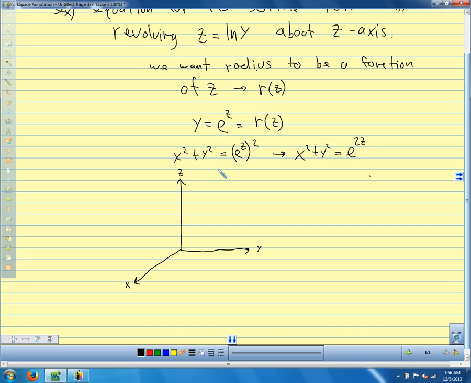What is my graph going to look like? Or we could also grab z equals natural log of y. Let me extend my z-axis back. I'll extend my x-axis to the negative direction here. So z equals natural log of y is going to look like this, right? Something like that.